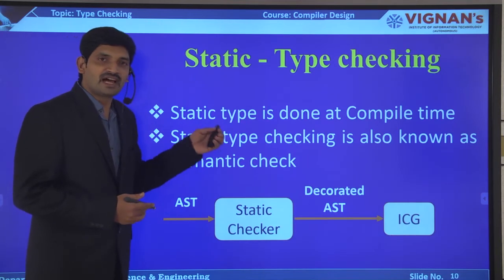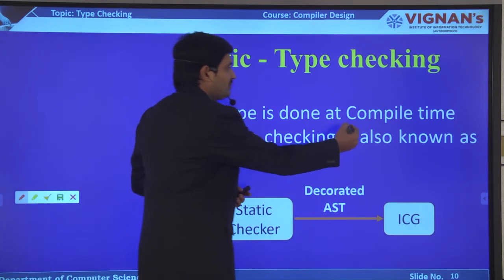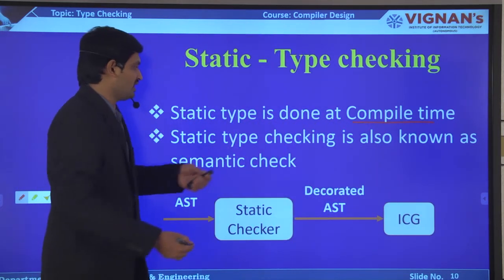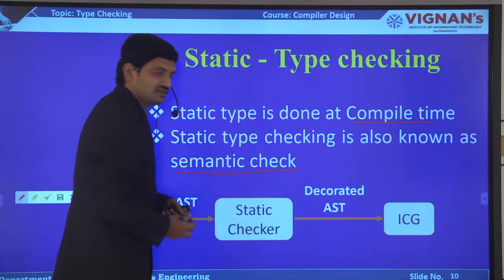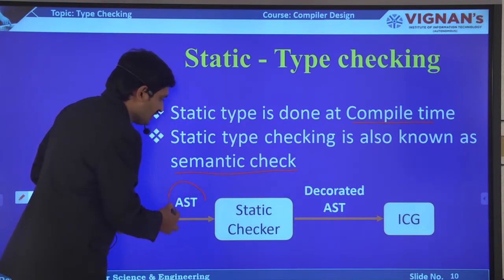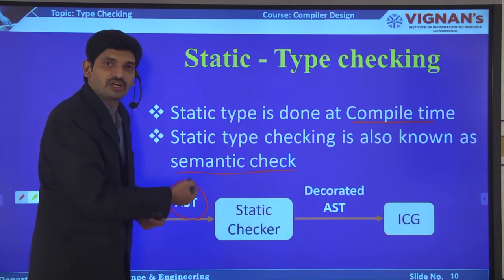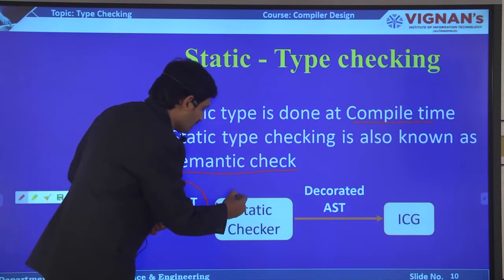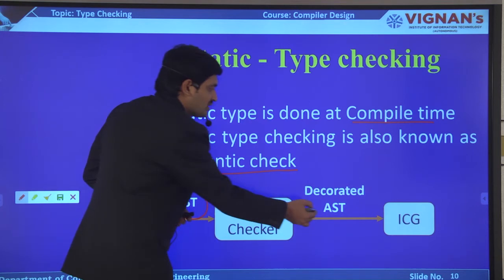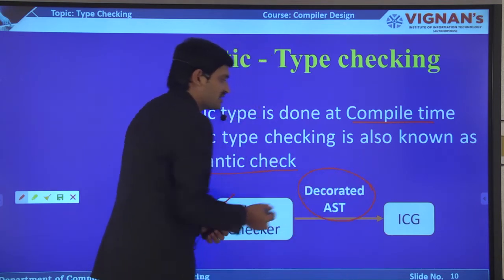Static type checking is done at compile time, which is also known as semantic check. As we discussed, if the annotated syntax tree or annotated parse tree is given as input to the static checker, we are going to generate the decorated AST.